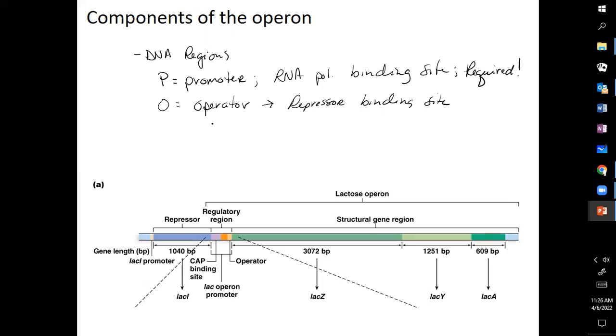When a repressor is bound to this operator, it blocks transcription by forming a repressor loop.